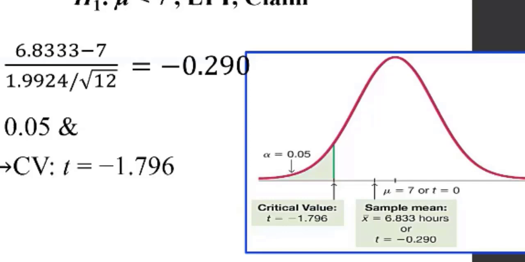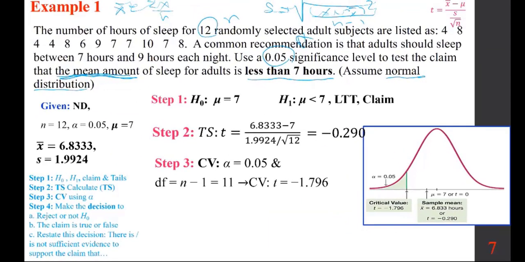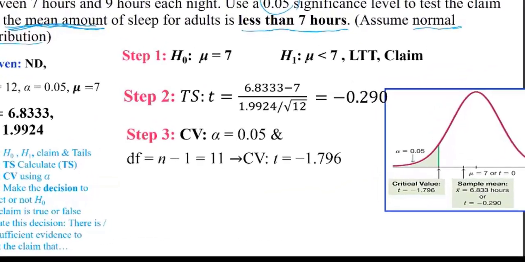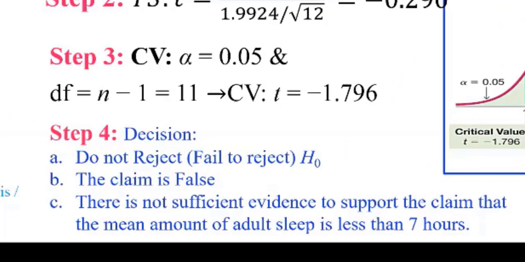Now, when you do not reject H0, in essence, you are rejecting H1. In essence, you're rejecting the claim. You're saying the claim is false. Now you do the simple writing: do not reject or fail to reject H0. The claim is false accordingly.